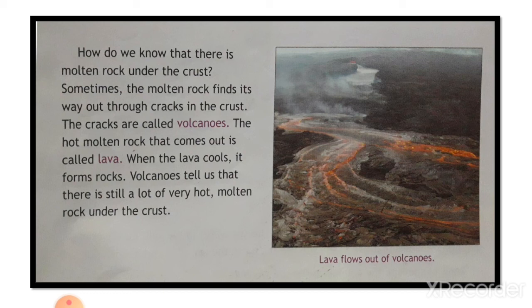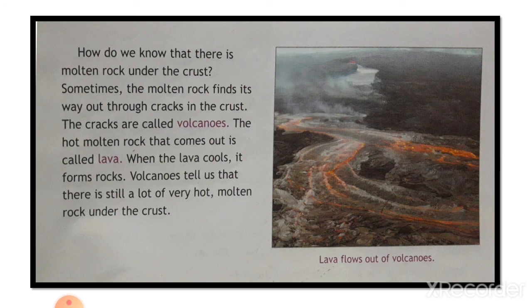So this is the answer to the question: how do we know that there is molten rock under the crust? The molten rock finds its way to come out of the crust. There are cracks in the crust, and those cracks are known as volcanoes. The hot molten rock comes out of the volcanoes, that is, through the cracks in the crust.